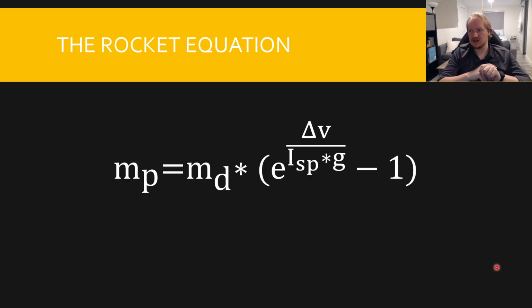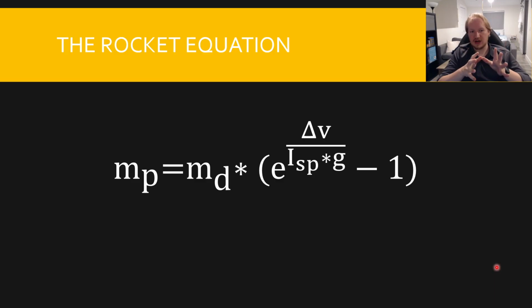Another way we can reorganize this is in terms of the mass of the propellant. This is very useful if we have a defined spacecraft and a defined total velocity change that we need for a mission. You can just plug these all in here and it'll tell you how much mass of propellant you need through the rocket equation, and it accounts for all of those changes of the mass changing slowly over time through the exponential.